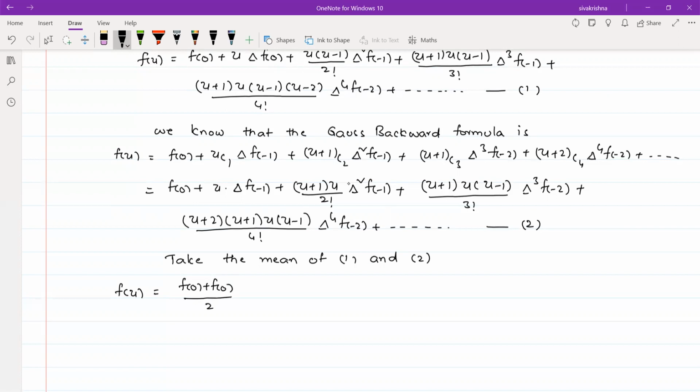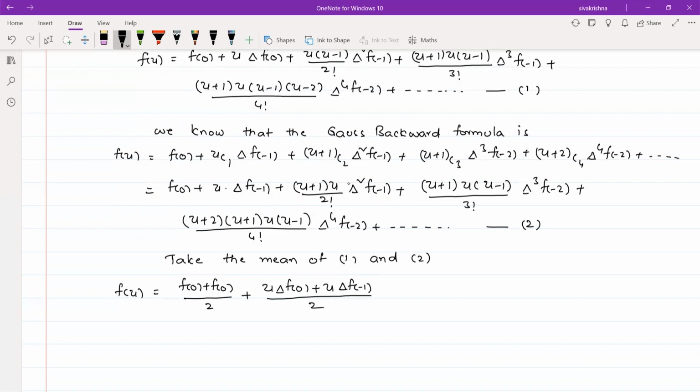Next, coming to the second term: in equation 1 we have u into delta f of 0, and in equation 2 we have u into delta f of minus 1. We have to add those two terms and write by 2. The mean of a and b is defined by a plus b by 2.